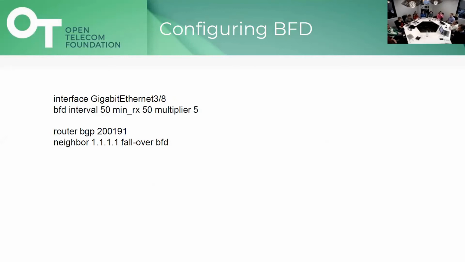You can specify the interval and how much traffic you allow to be lost. Like this example says, send a BFD packet every 50 milliseconds, and expect one every 50 milliseconds. If 5 packets in a row are lost, you consider your link down. Then on the BGP neighbor it says fall-over BFD, so if BFD does not receive the 5 heartbeats, it will drop the BGP session.